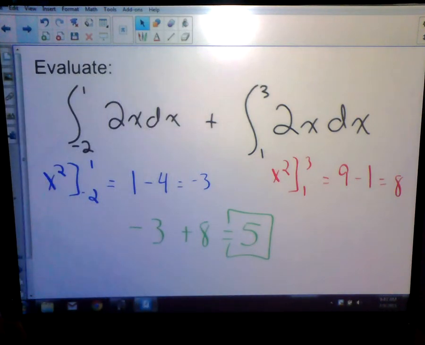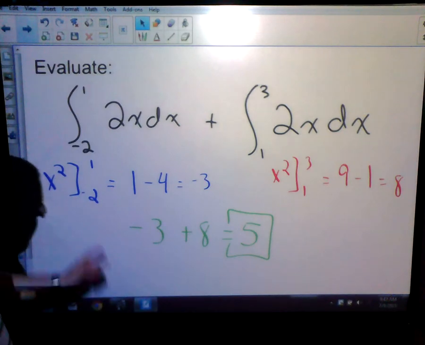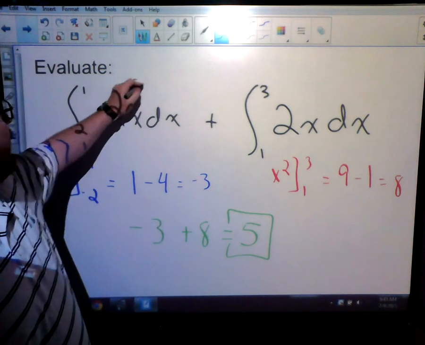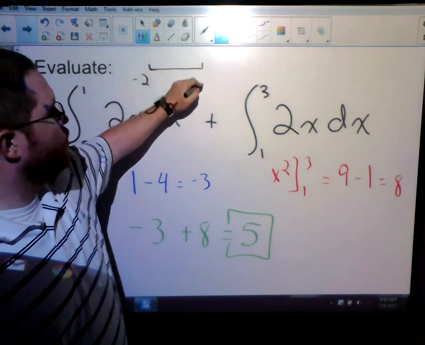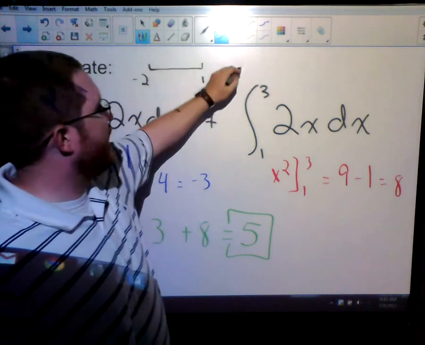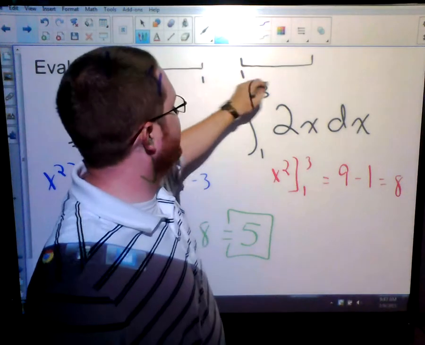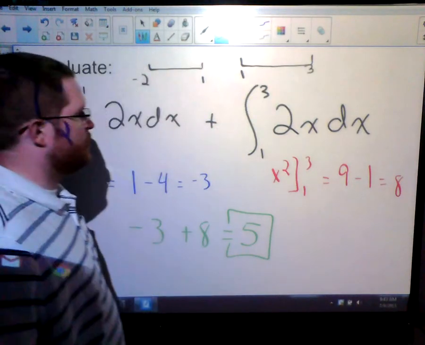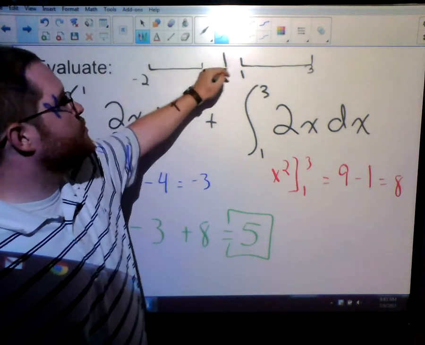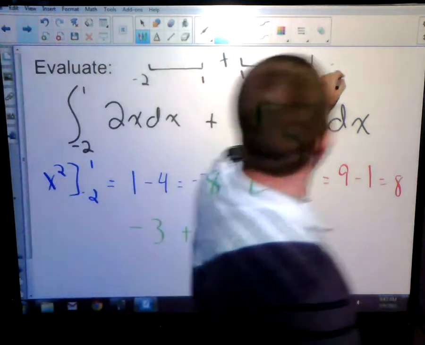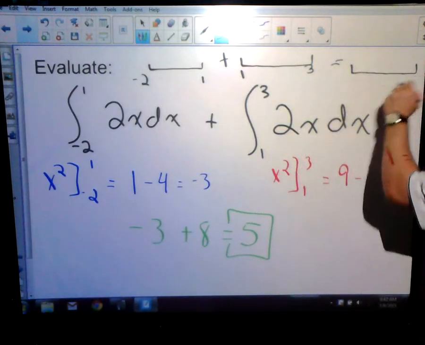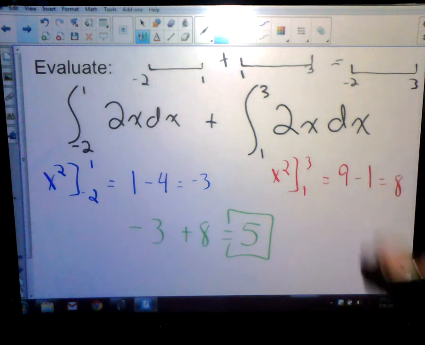Is there a better way to do this problem? Well, think about it. This is the area from negative 2 to 1, and this is the area from 1 to 3. Why can't I just put those together? The area from negative 2 to 1 and from 1 to 3 is the same thing as from negative 2 to positive 3.